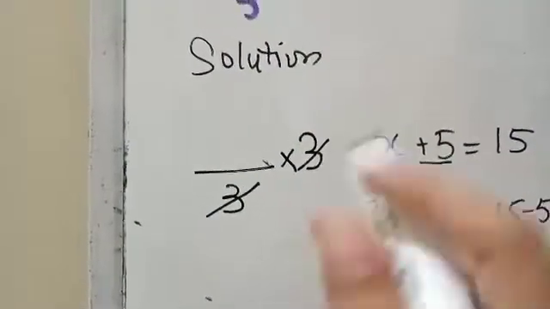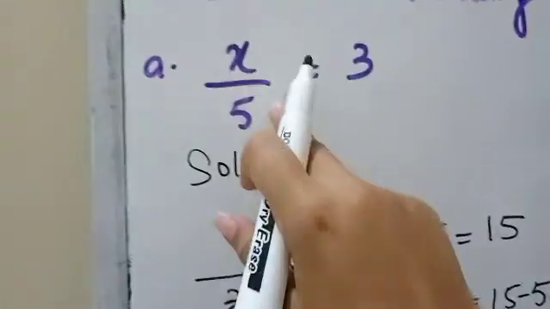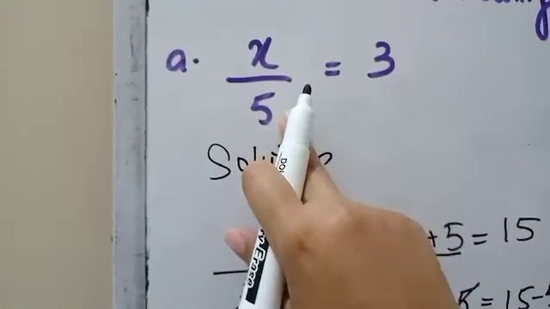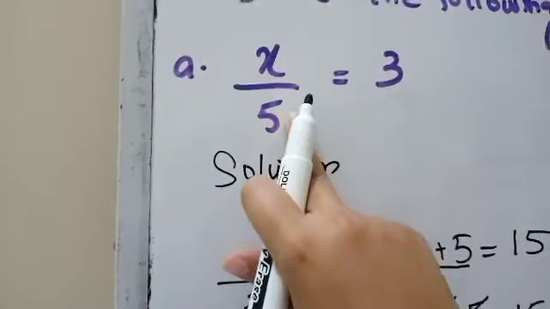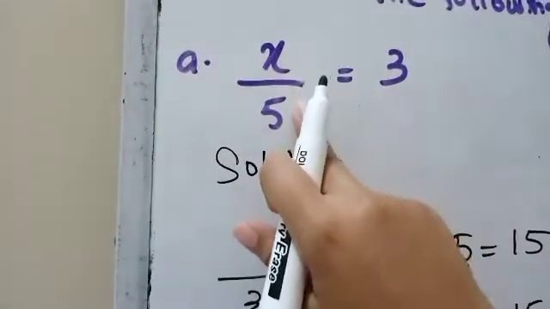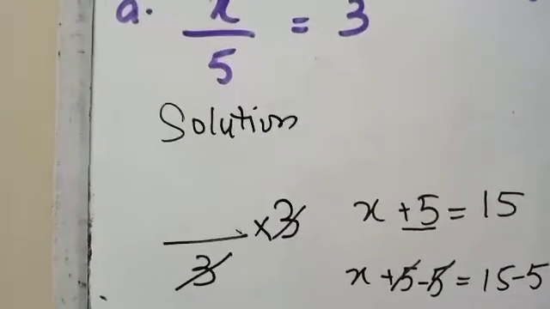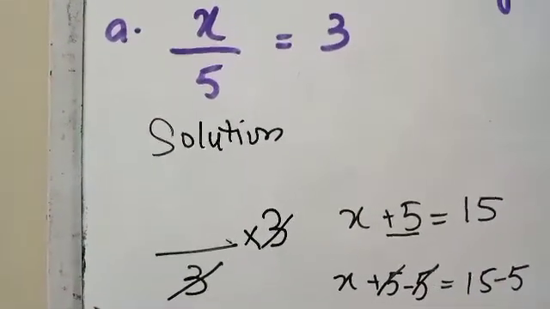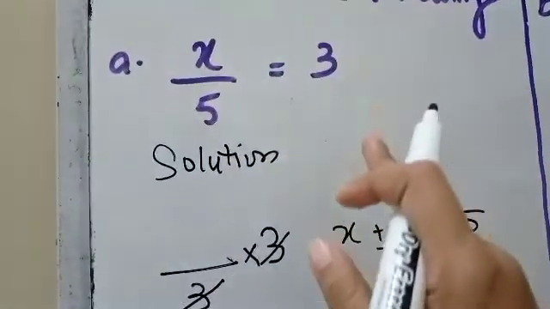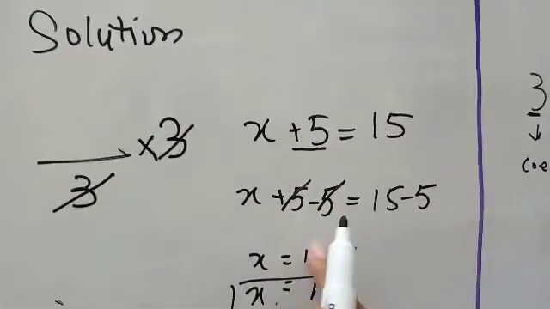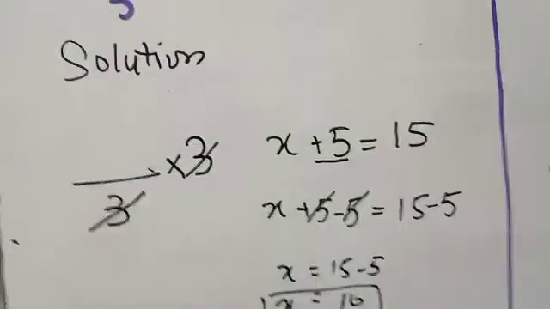Yes or no? So likewise, if I have to cancel this 5 which is dividing the variable, I will multiply by 5. Write the same number but with the opposite operation. Divide, multiply. Plus we were writing minus, minus we were writing plus.